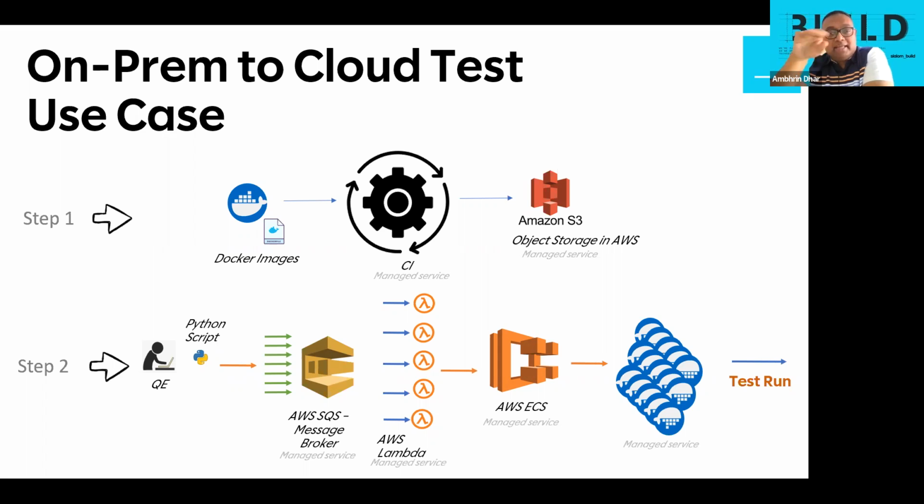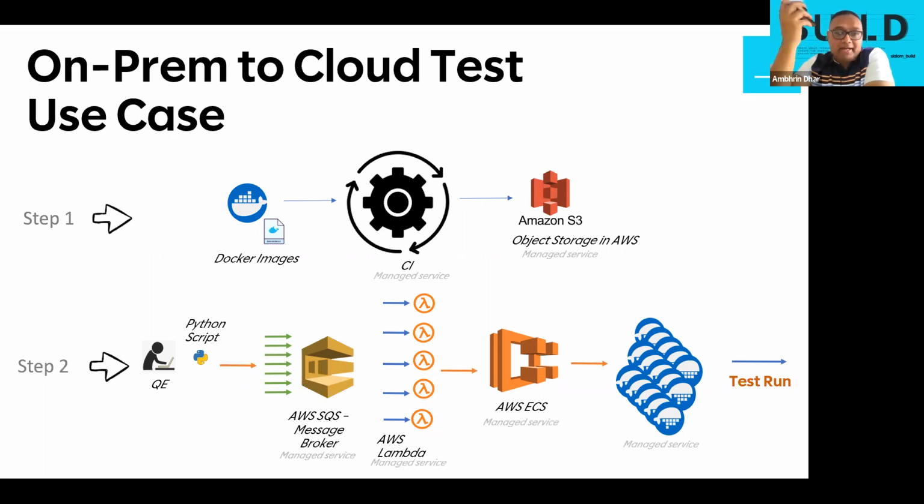Once they go into the queue, there are a bunch of AWS Lambdas listening to the queue. They pick up those messages and send a signal to ECS, which is the orchestration service. If you see the managed services, I intentionally put them in there, and that also brings up one of the strong capabilities of the cloud: we really don't have to worry about ECS or SQS.